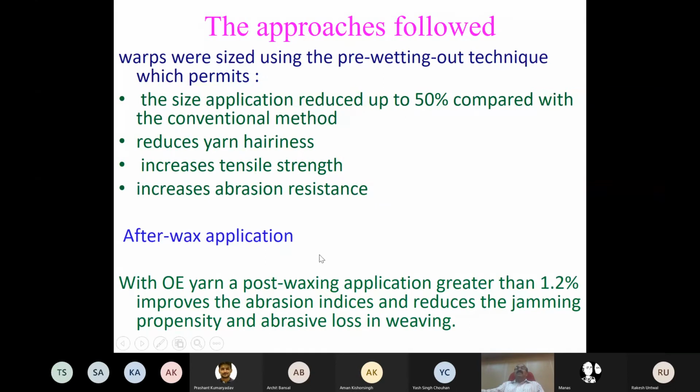Okay. Sometimes, to reduce the abrasion, people use wax. You apply the wax during sizing on the surface of the yarn, so abrasion can reduce. That one can do to run this warp yarn effectively on this weaving machine.